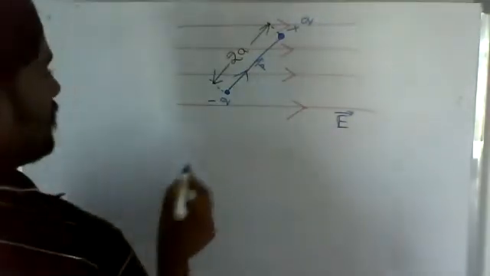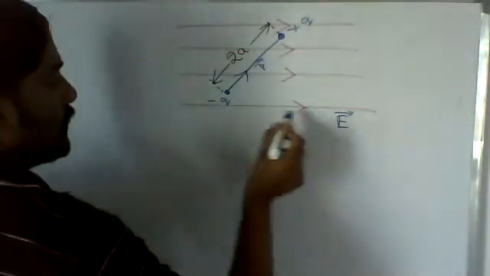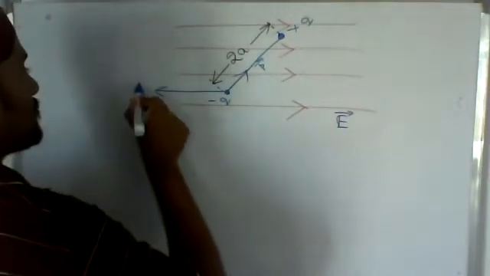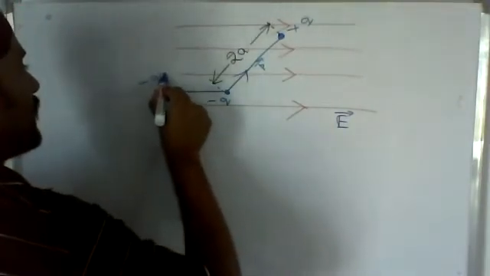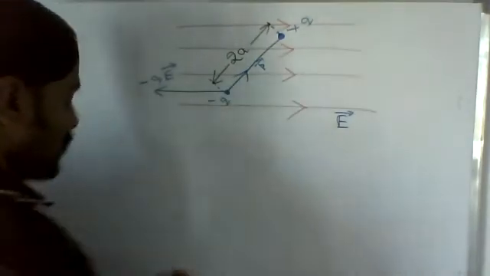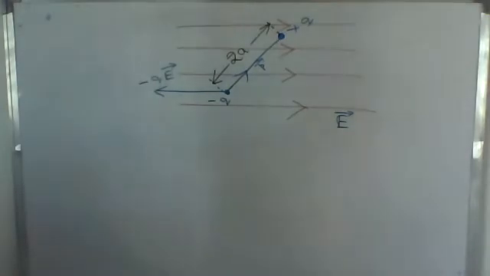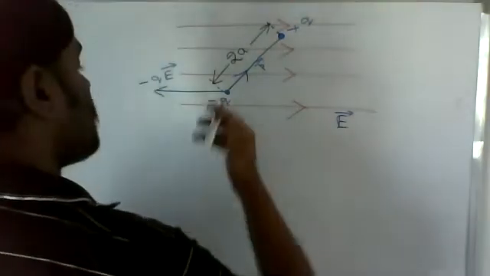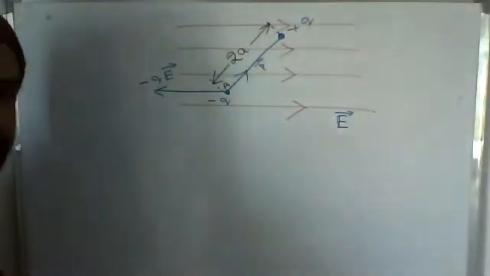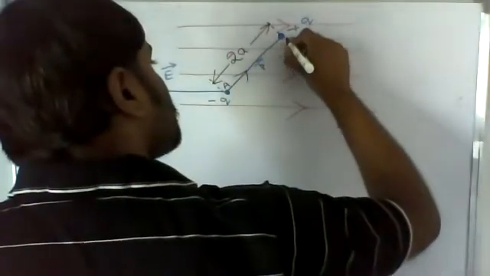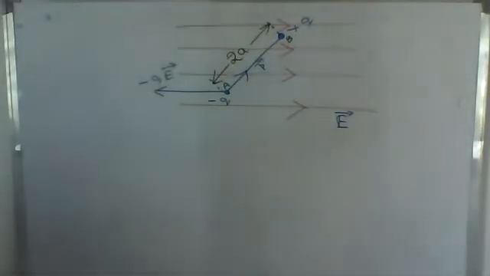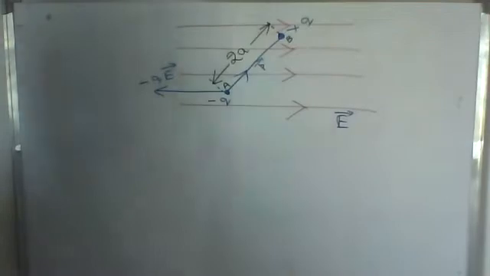So the force acting on minus Q due to the electric field is minus Q into E vector. Let us consider the minus Q location as A and the plus Q location as B. A is the location of minus Q, B is the location of plus Q.